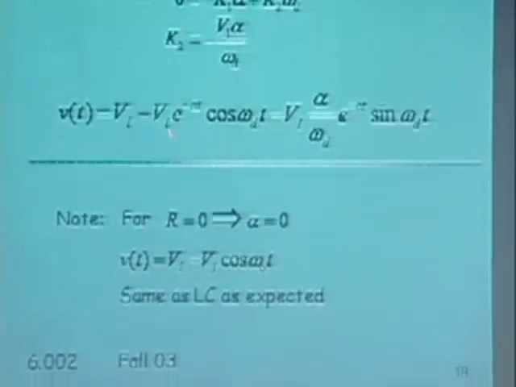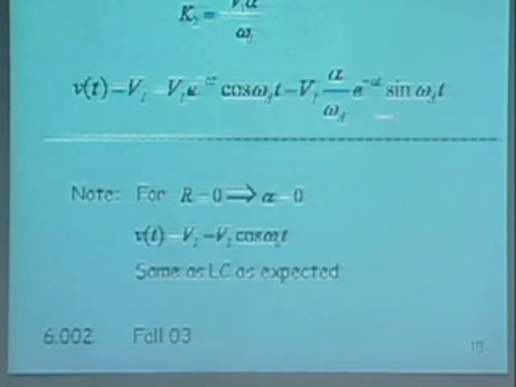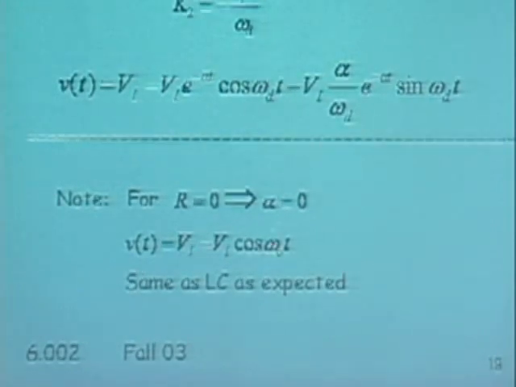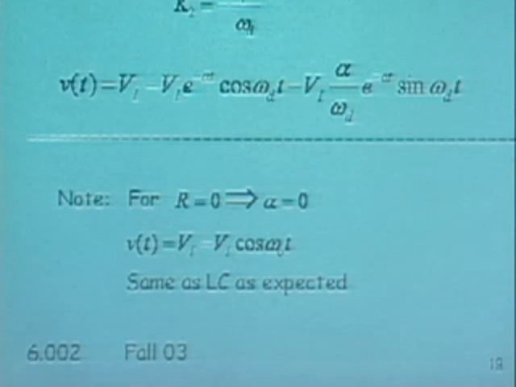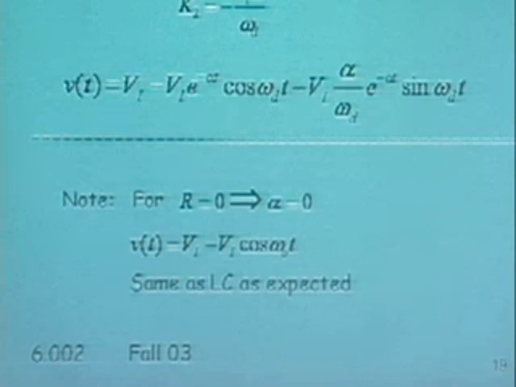This guy goes to 1, this whole term goes to 0, and omega d now ends up becoming omega naught. And I get this term here. I get vi minus vi cosine omega t, which is exactly what I expected in my equation. So this is the same as the LC case that I got.